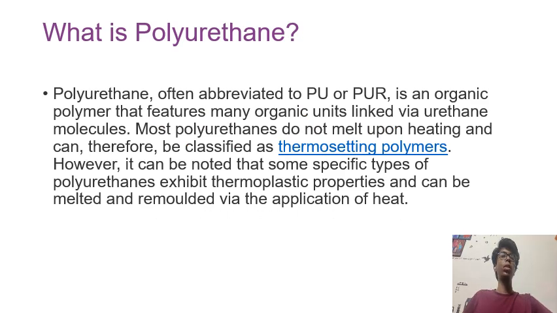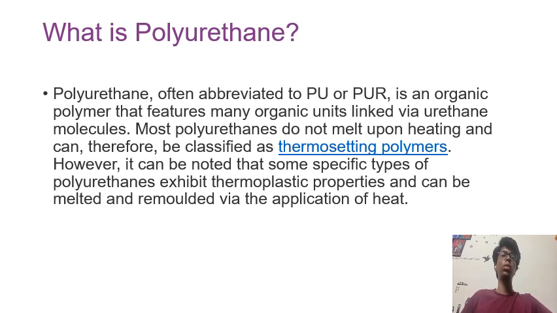So, what is polyurethane? Polyurethane, often abbreviated to PU or PUR, is an organic polymer. It is an organic polymer that features many organic units linked via urethane molecules.